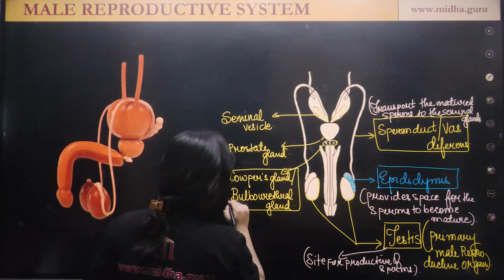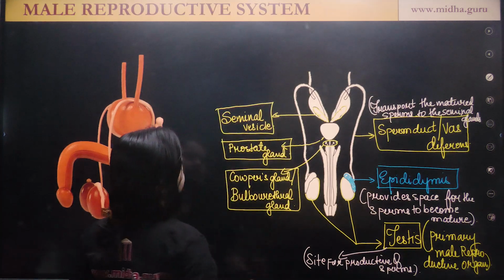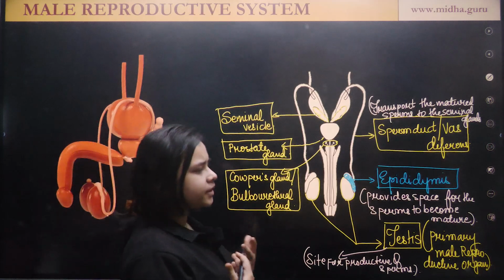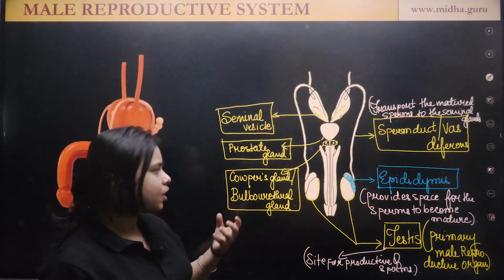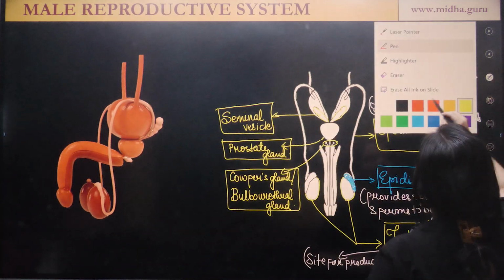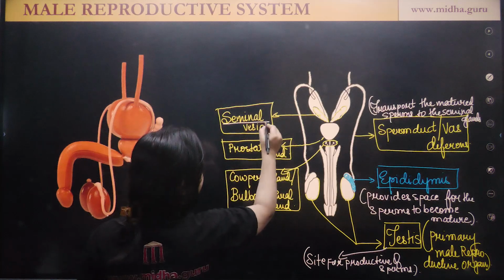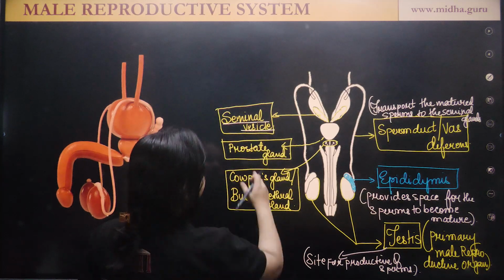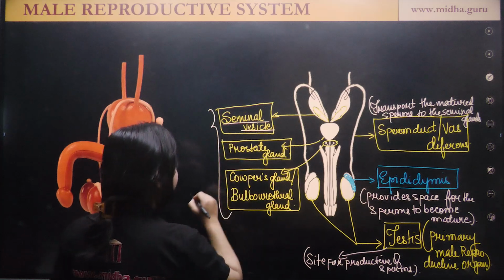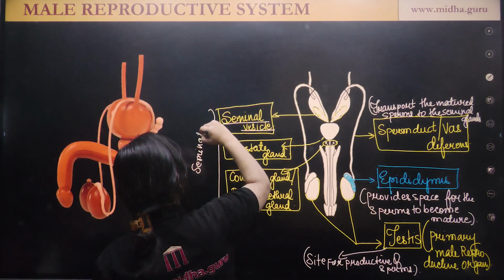Fine. Now all these three glands together produce a secretion. We call it seminal fluid. Each has much part to play, but together all these three glands produce a secretion called seminal fluid.